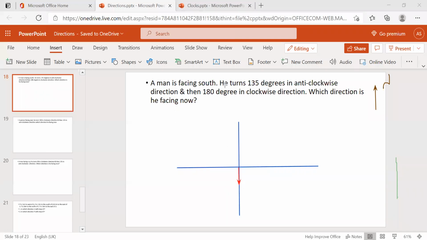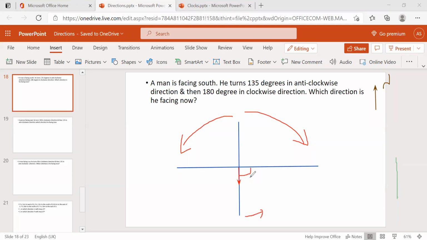And he turns 135 degrees anti-clockwise. We know this is clockwise, and this is anti-clockwise, right? So from here, he turns like this, 135 degrees.